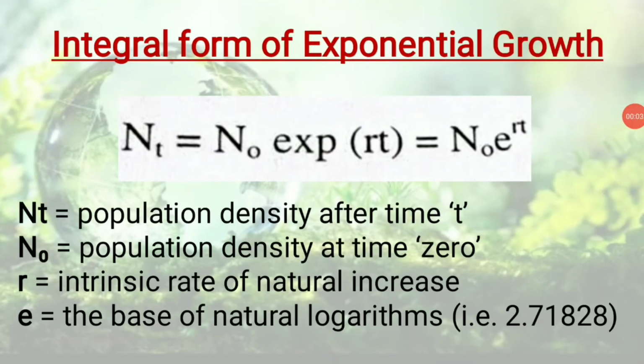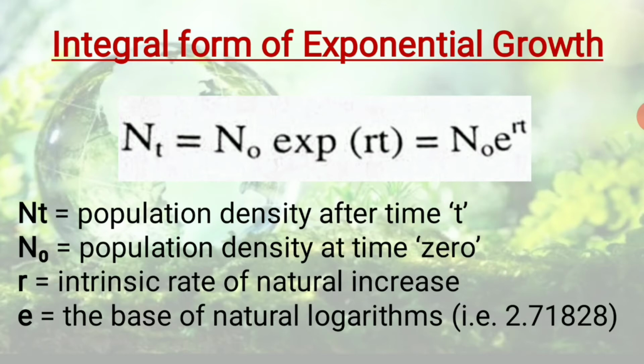Now, if anything has to be defined in an ideal form in mathematics, then the integral form is used. The integral form of the exponential growth equation is Nt is equal to N naught e to the power rt.